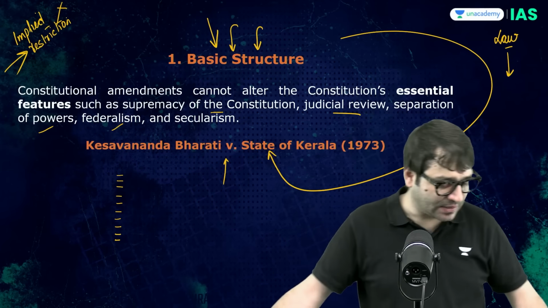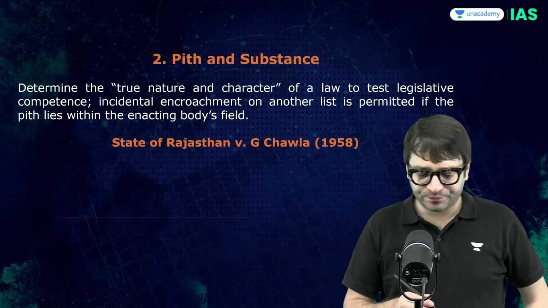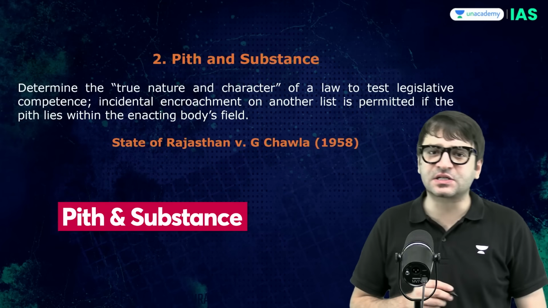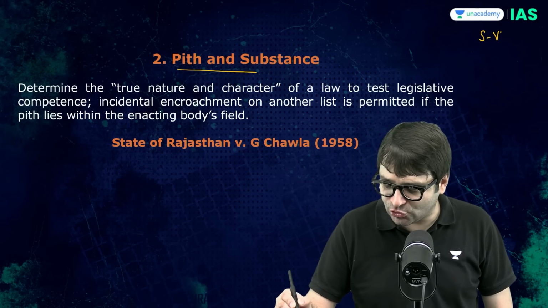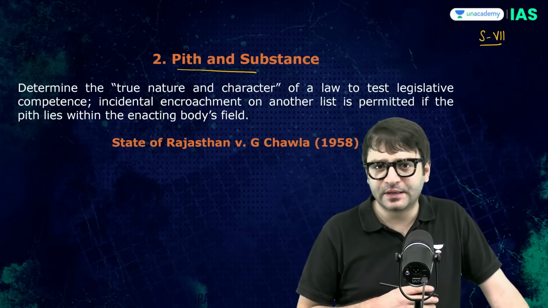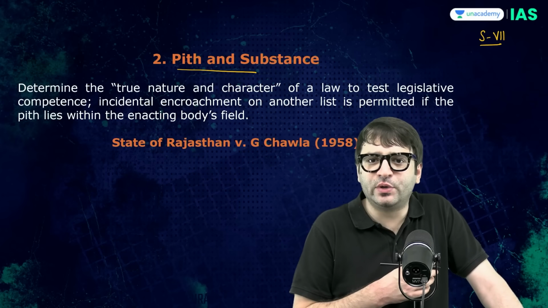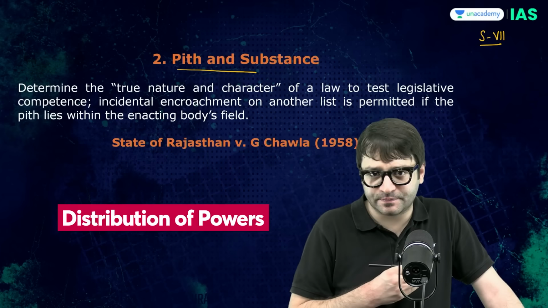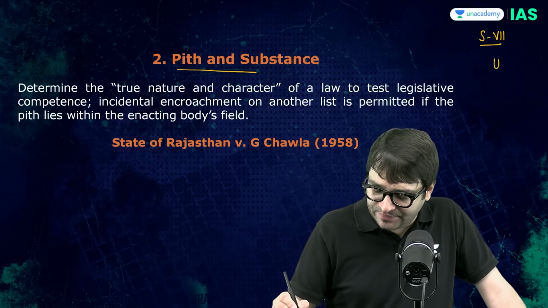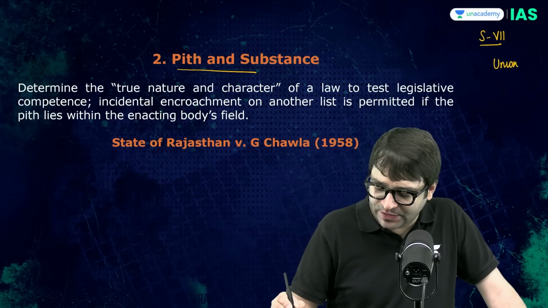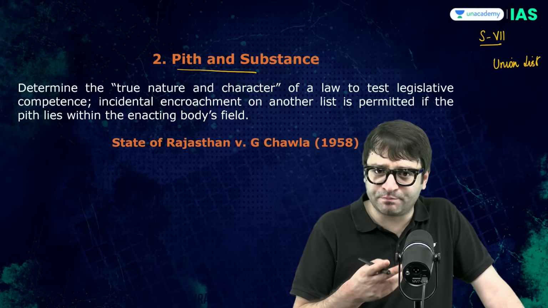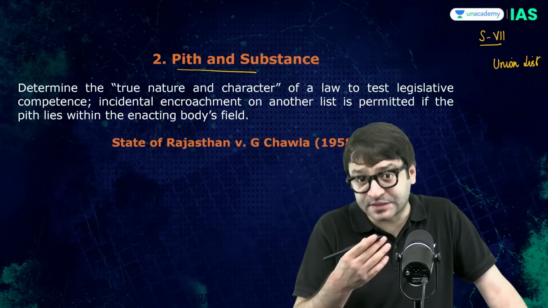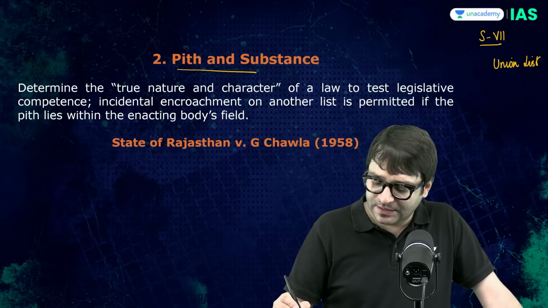That's doctrine number one. Doctrine number two, doctrine of pith and substance. You would know there is something called Schedule 7 of the Constitution. And in Schedule 7, we talk about distribution of powers. Some powers are given to the union list, for example, defense, external affairs, communication, banking, insurance, citizenship, extradition.